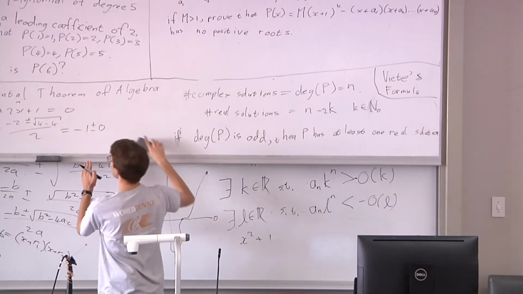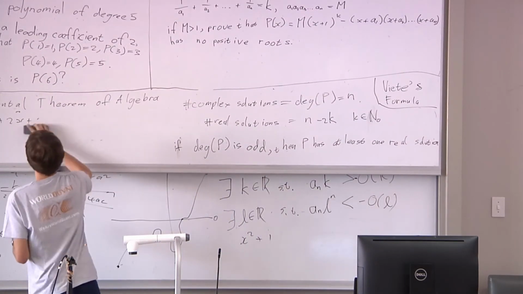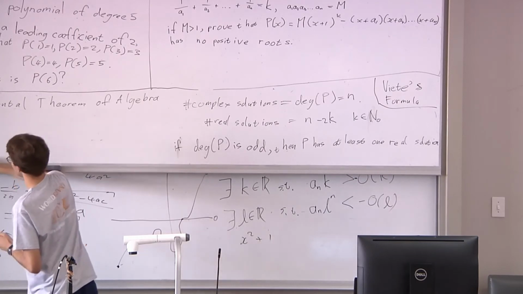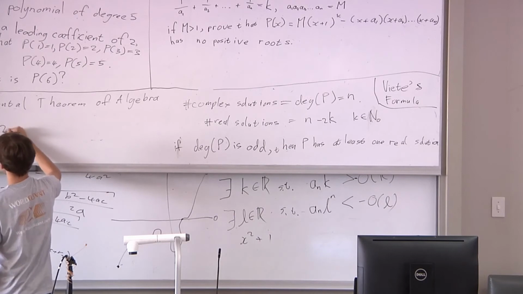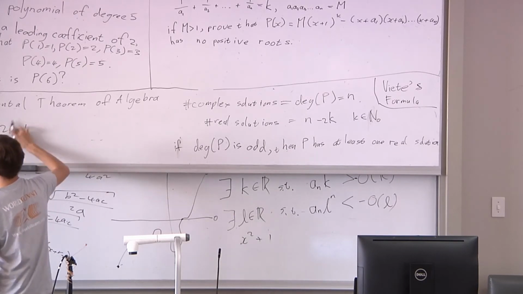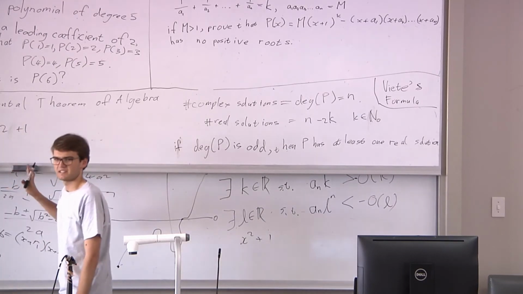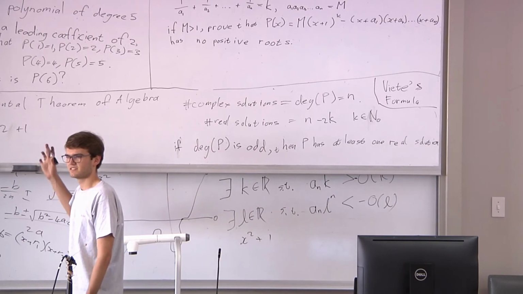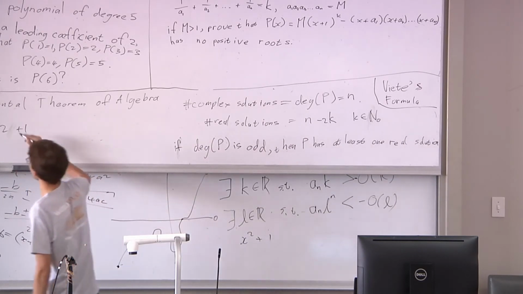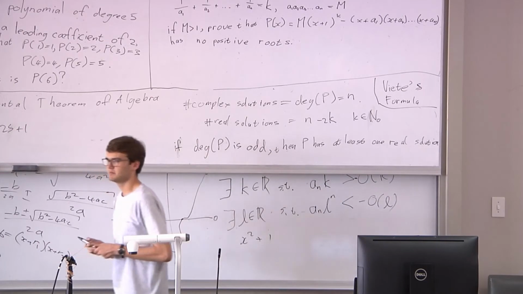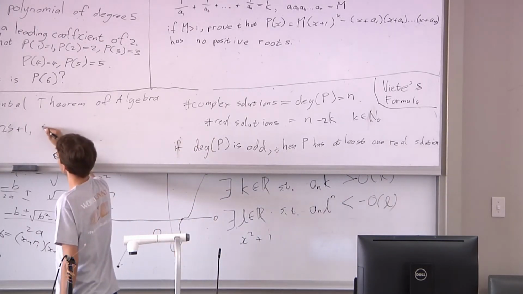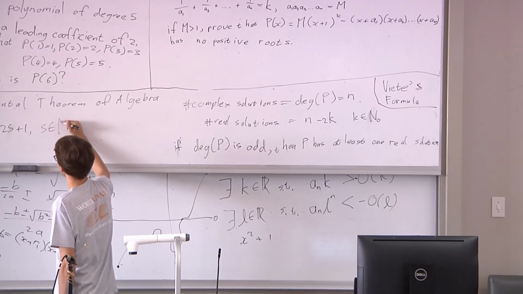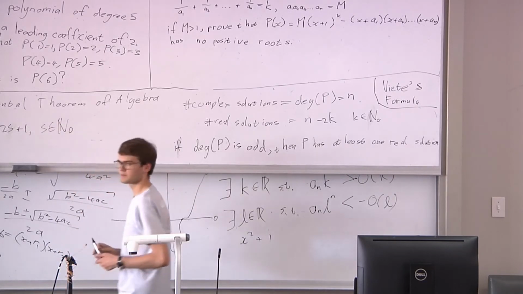So suppose that n is equal to 2a plus 1. Let's not use a, let's pick a letter. S. Okay. So let n be 2s plus 1, where s is an element of the counting numbers.